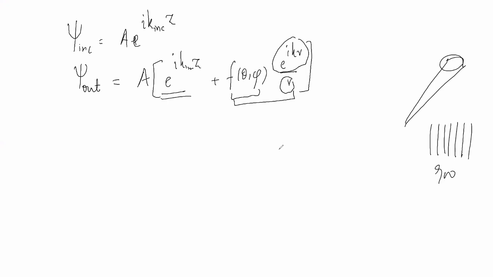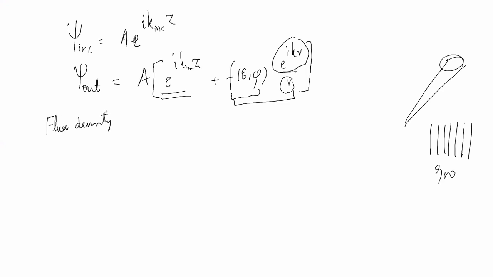Is it clear? Therefore, we have incident wave, we have scattered wave, and we have total outgoing wave.